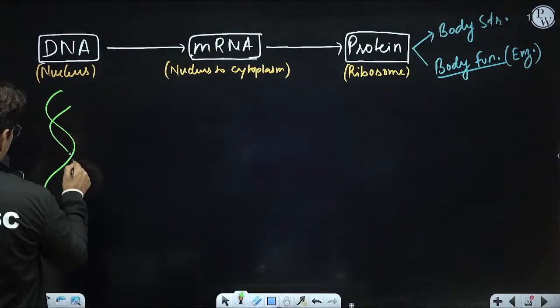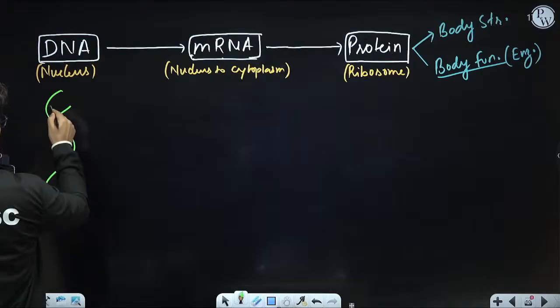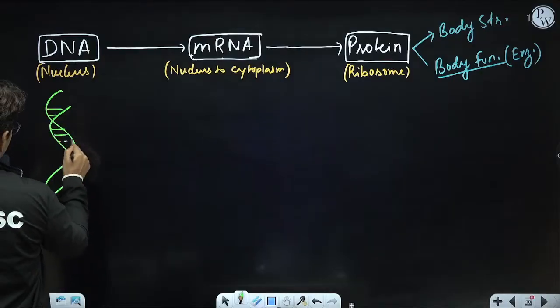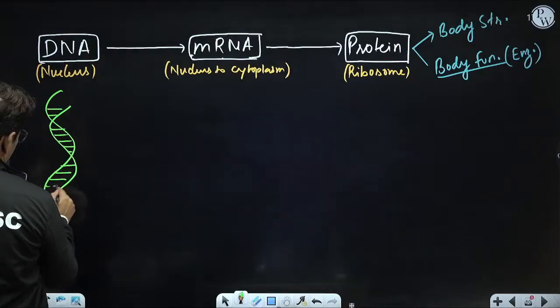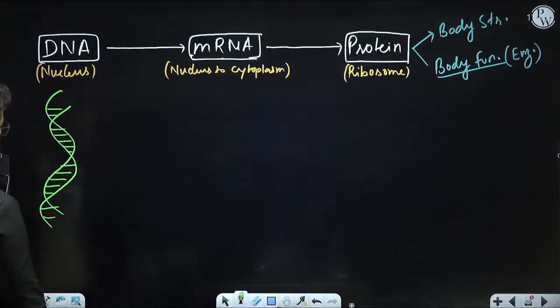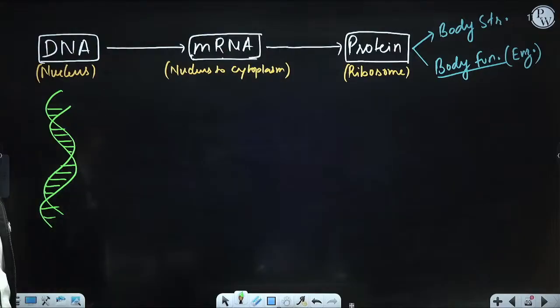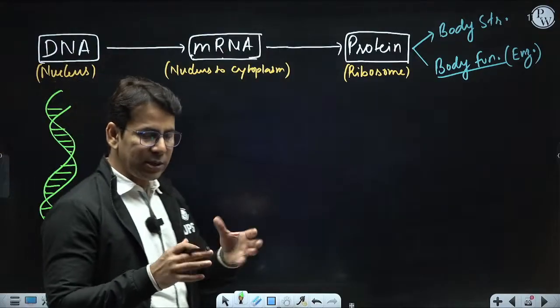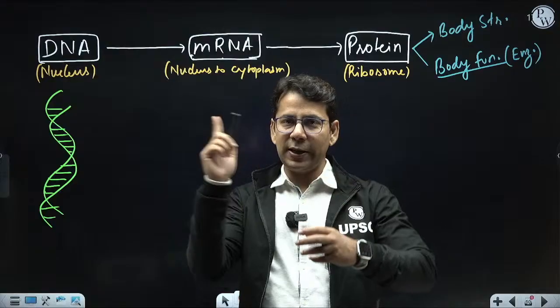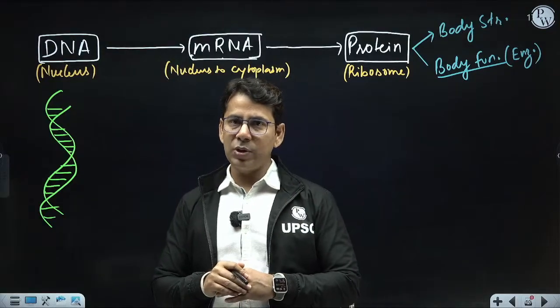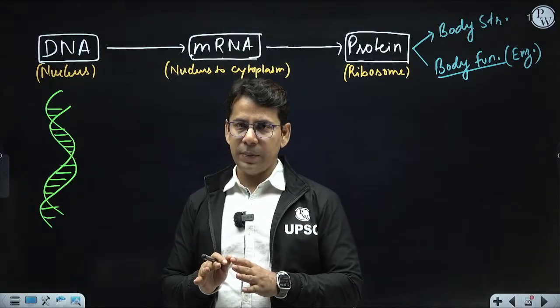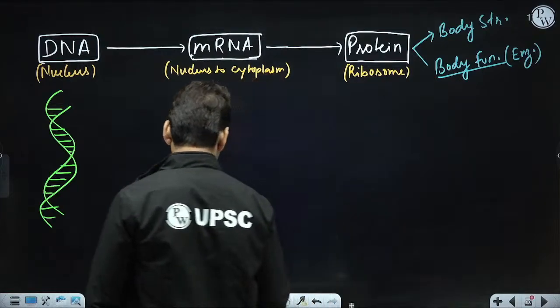It's like this structure, isn't it? And this structure will hold some information. This structure might be looking like a twisted staircase, isn't it? I'll show you what exactly this structure looks like.